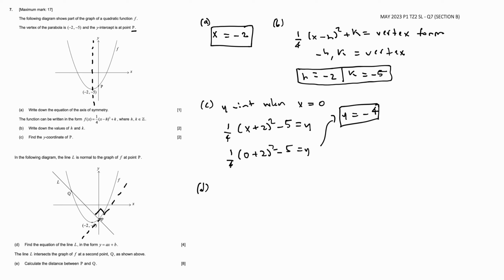Okay, so this is how we can do it. First, let's find the slope of the tangent. How do we do so? We need to simply differentiate the quadratic function. So that will be f'(x). Let's apply the chain rule. 1/4 times 2(x + 2), and we know -5 just becomes 0 because it is a constant.